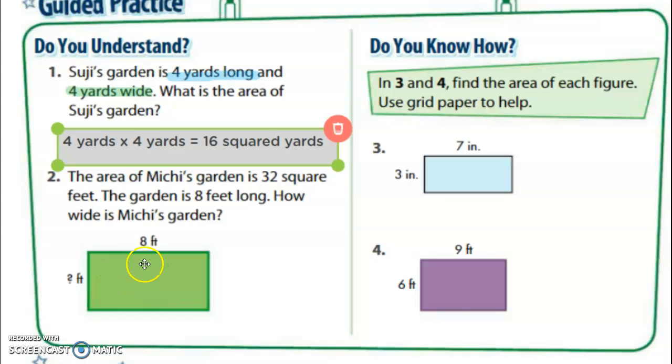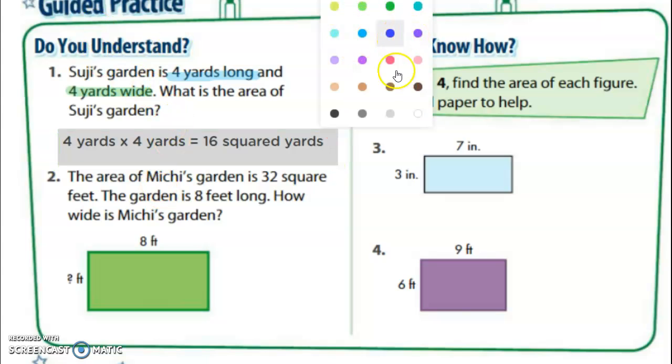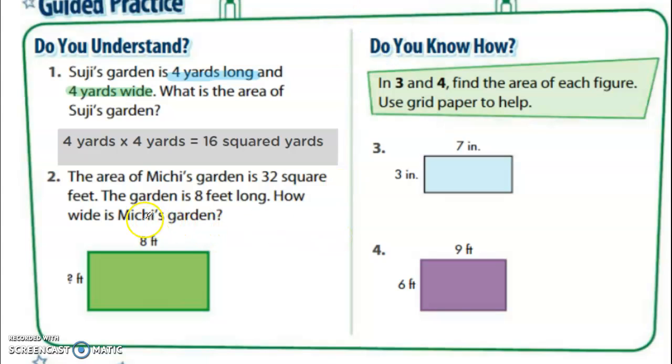Number 2. The area of Mitchie's garden is 32 square feet. The garden is 8 feet long. How wide is Mitchie's garden? All right, so I'll find my area. I'm going to color each part to help me remember where it needs to go in my number sentence.